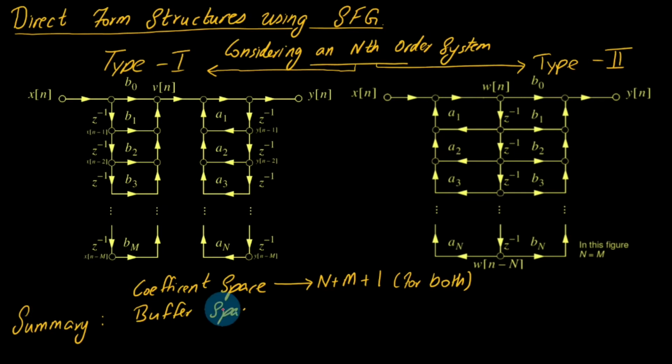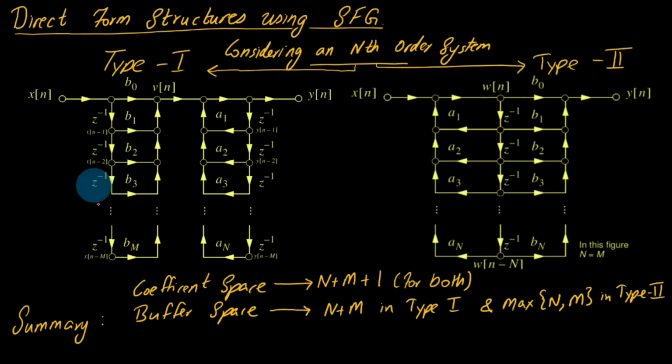Next is buffer space, that is storage. This space represents storage, and for that, in type 1 we have several buffer storages over here for zeros and separate buffer storage for poles, whereas in type 2 we have a combined buffer storage for both zeros and poles.